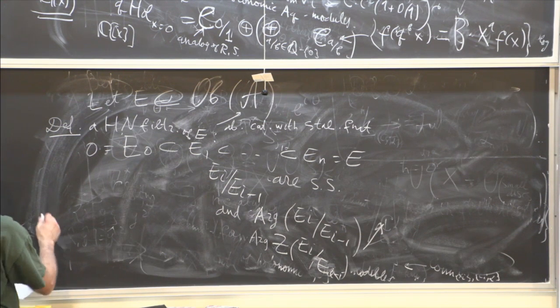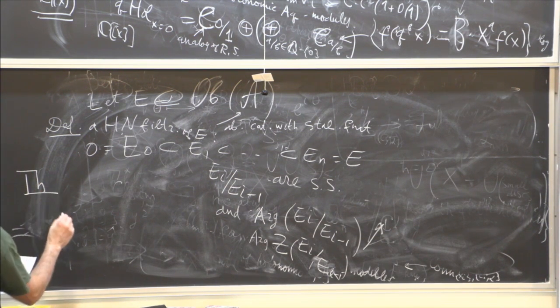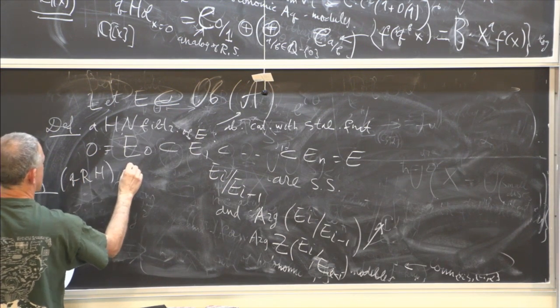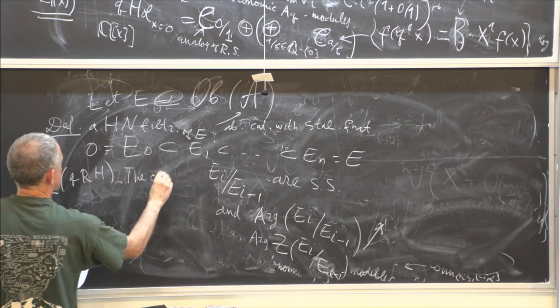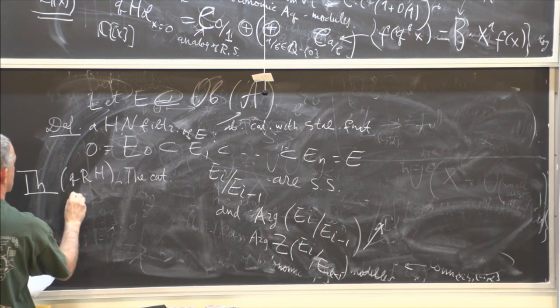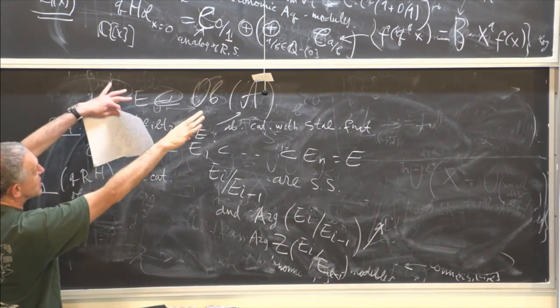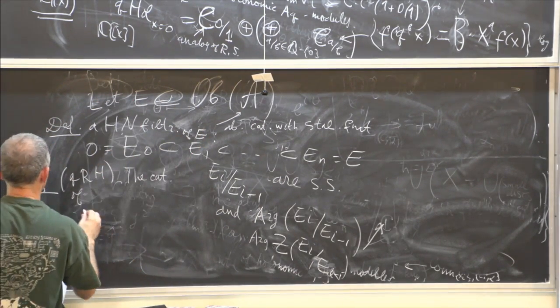So now the theorem. It's Q Riemann-Hilbert. First a general result, which does not take into account this singular data.